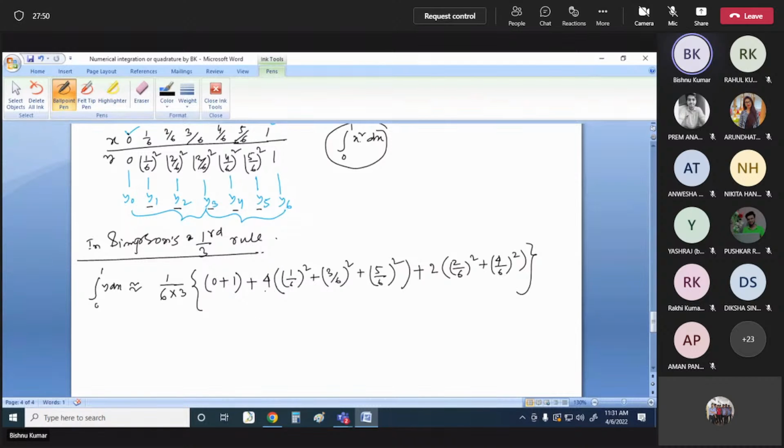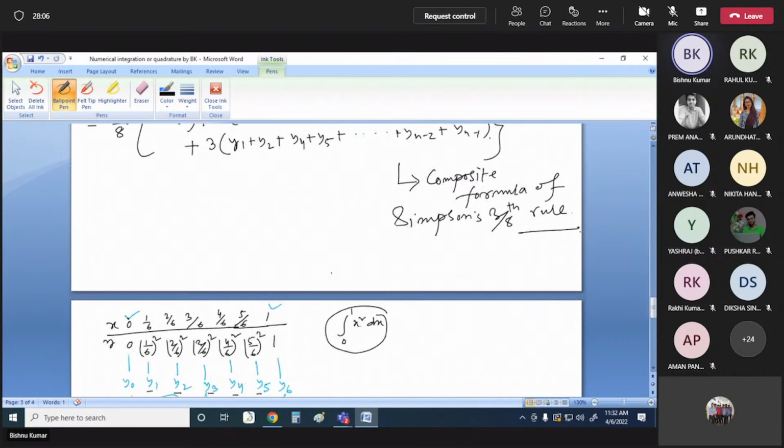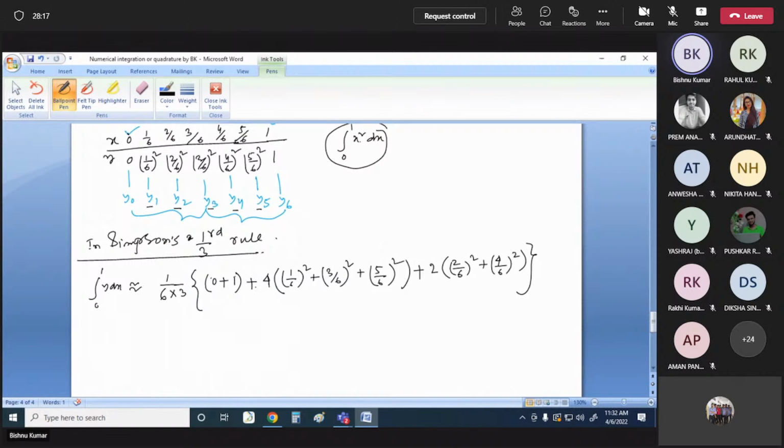You just see that formula again: outside h by 3, first value plus last value, plus 4 into intermediate odd y ordinates, plus 2 into intermediate even y ordinates. After doing this calculation with the help of a calculator, tell me the answer.